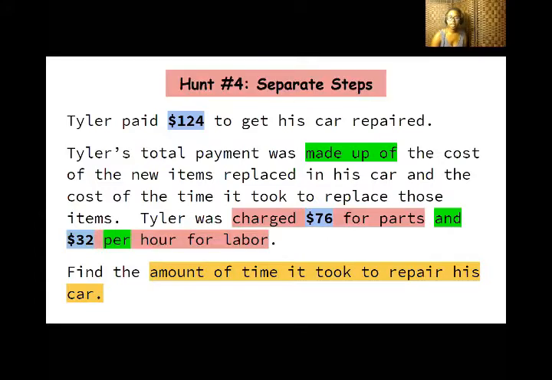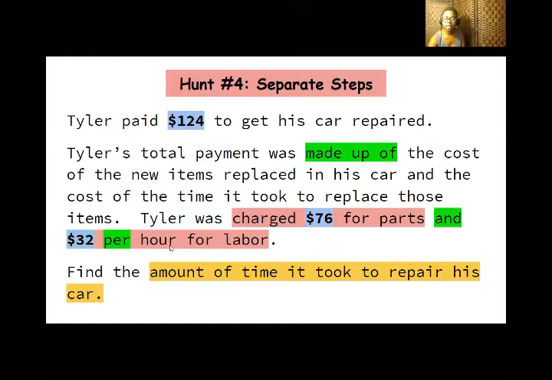Now we're going to look at separate parts or separate steps. And this is going to help us to see the different things we need to do to get to the answer, okay? So I highlighted charged $76 for parts, okay? Because that's one part of what we need to do. And then $32 per hour for labor, okay?